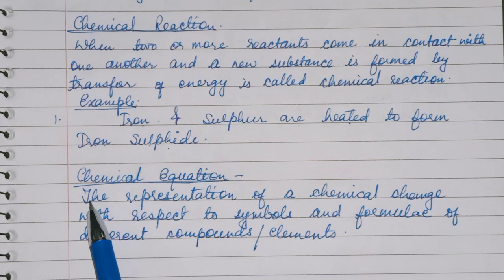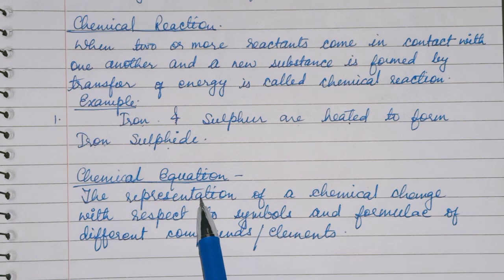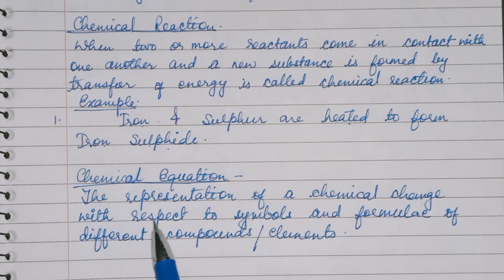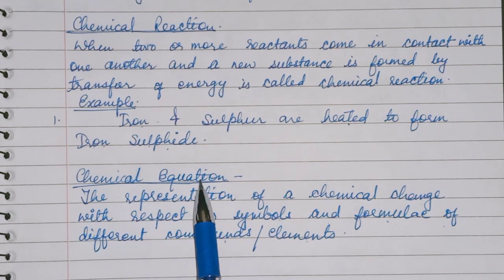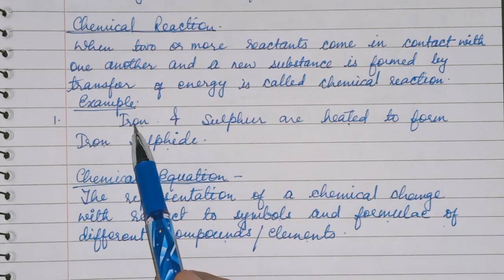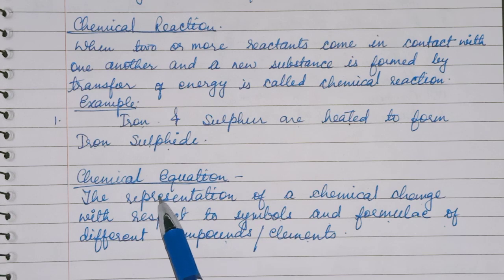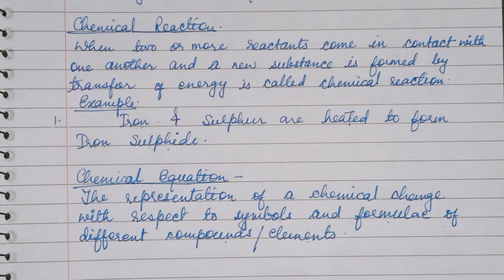Now the definition for chemical equation is the representation of a chemical change with respect to symbols and formulae of different compounds or elements. This representation is called chemical equation. Now let's see the representation of this statement in chemical equation form.